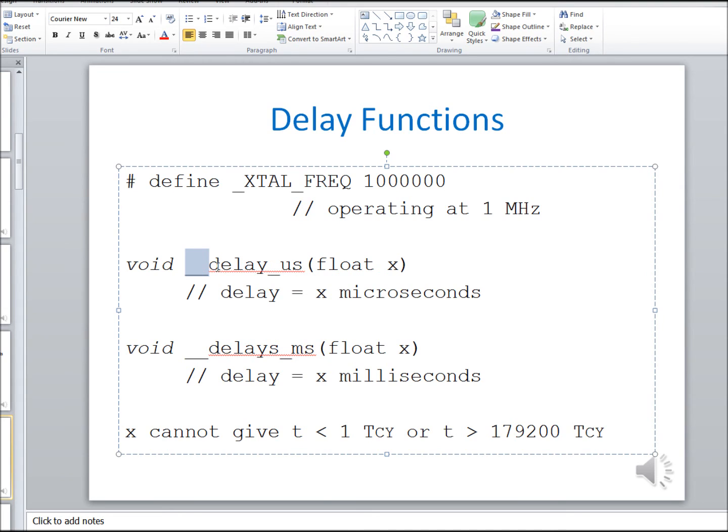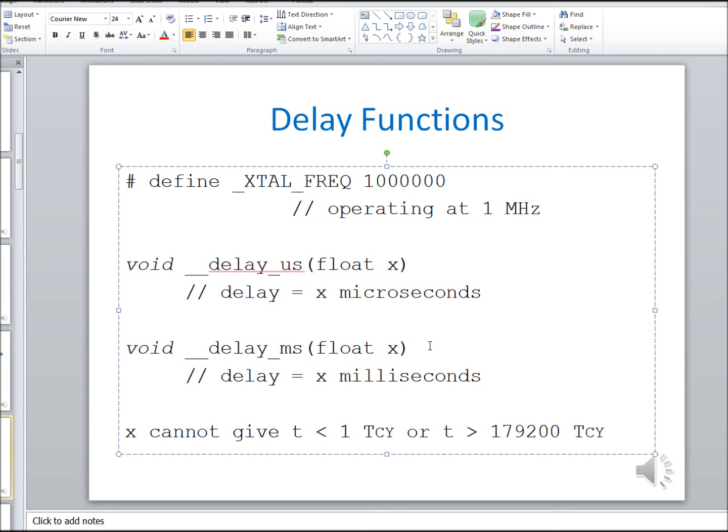This actually is going to give you delays in microseconds. Float means X can be a decimal number. And here's another one, underscore underscore delay underscore ms. It's delay milliseconds, float X.